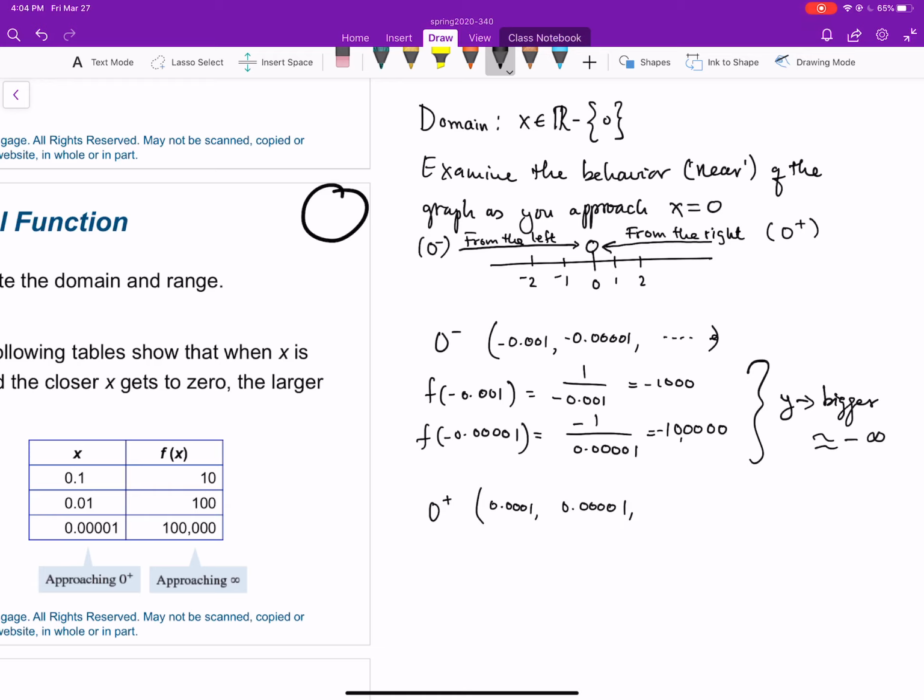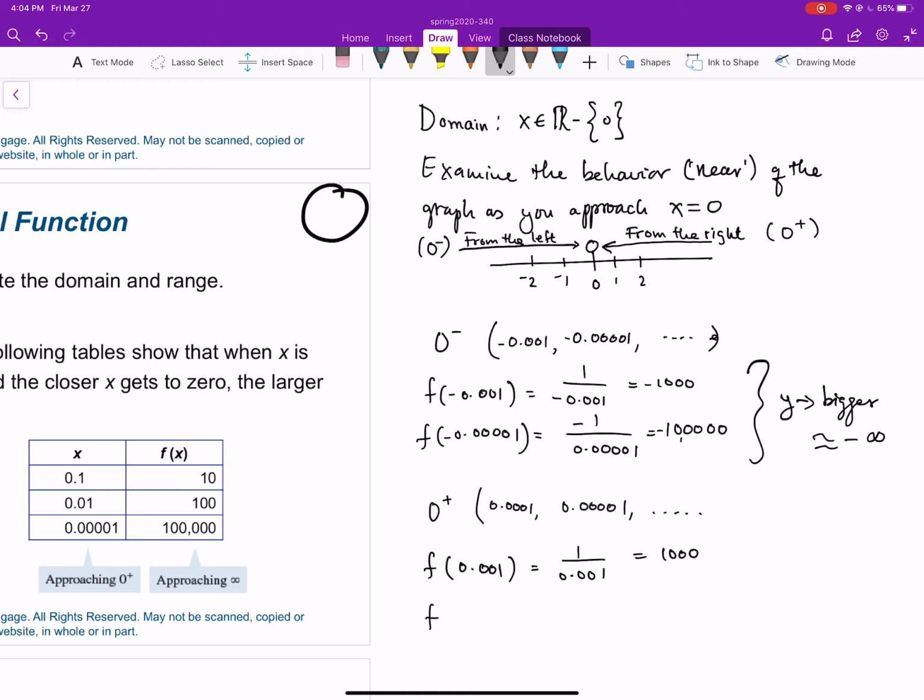I'm looking for numbers that are really, really, really, really close. All right. So again, if I test this out, I'm just going to use a similar one that I used over there. I have 0.001. Then I get 1 over 0.001. I get 1,000.